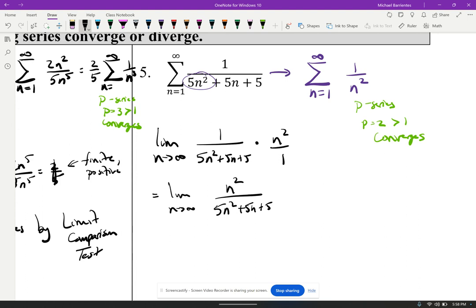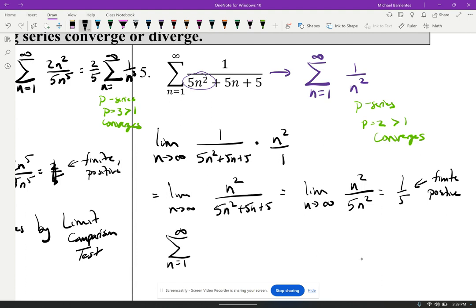And again, if you remember your limit taking, when we're taking the limit as n approaches infinity, we focus on the largest term in the numerator compared to the largest term in the denominator. And that's going to reduce. I'm left with 1/5. That's finite. That is positive. So therefore, they're going to behave the same way. And if my new one converged, then the original one is going to converge as well.